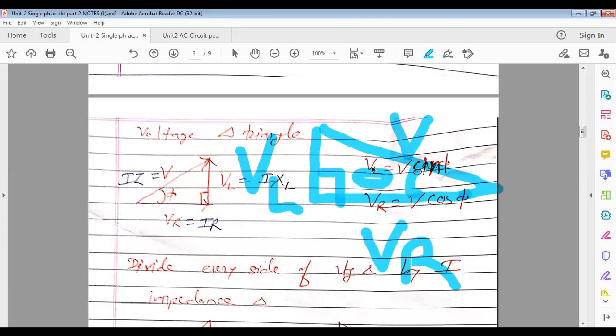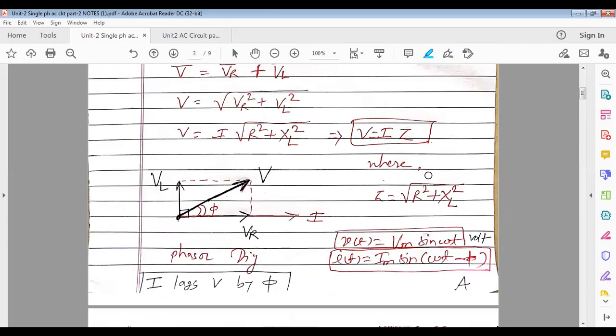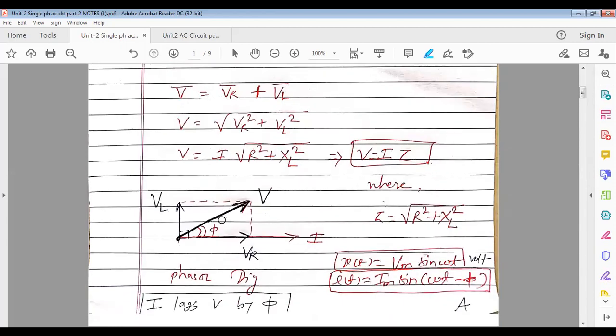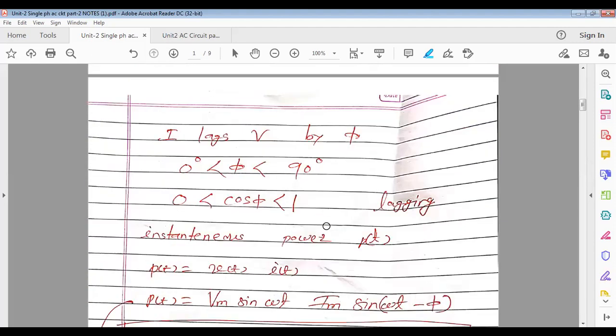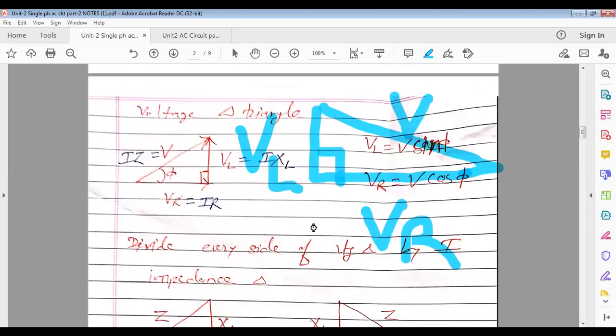Any of these you can use. You can denote it like this also, because the phasor diagram I have plotted uses the law of parallelogram. The resultant of VR and VL is V, so its mirror image can also be represented.